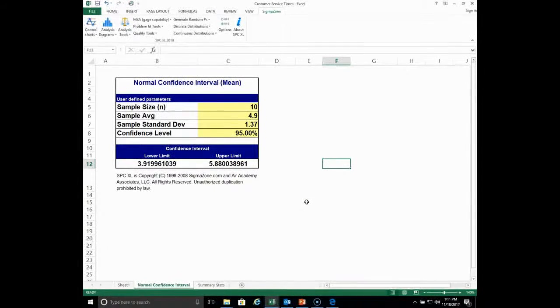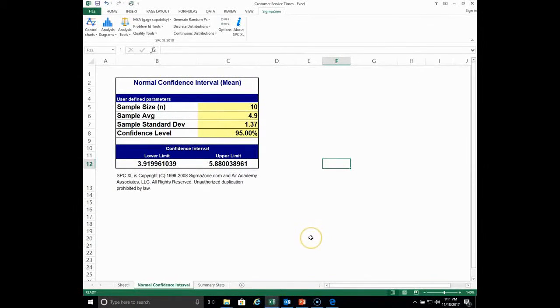That's what we mean. Now, a lot of people misinterpret the confidence interval as thinking, oh, 95% of the data in the population exists between 3.9 and 5.88. That would be an incorrect conclusion about a confidence interval. What we're estimating in a confidence interval, in this case, is a population mean.